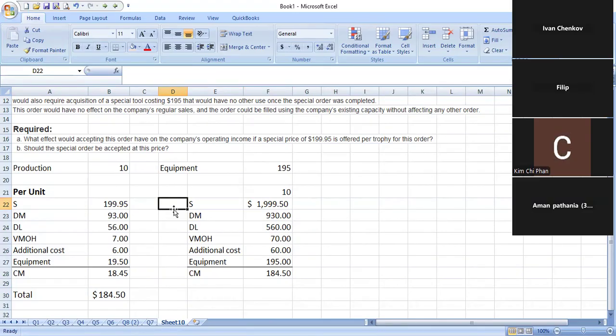But one thing that I want you to remember: if you go to the unit level, stay with the unit level. Don't try to mix total with the unit. That will confuse you. If you decide to stay in the total, like you said, how about the special equipment cost? If you include it as a total, you include all the other costs as a total too. So you can be in the same reality.